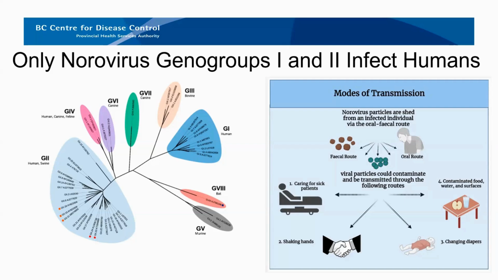So if you have a norovirus infection, you have at some point been exposed to human fecal material. This is not a zoonosis. It is a zoonotic viral group because you can see canine there, you can see swine there, but the human-specific strains only infect other humans. So when we are thinking about how we've acquired the infection, it is not through manure, unless that manure contains human waste.